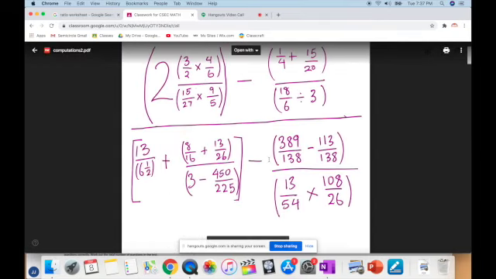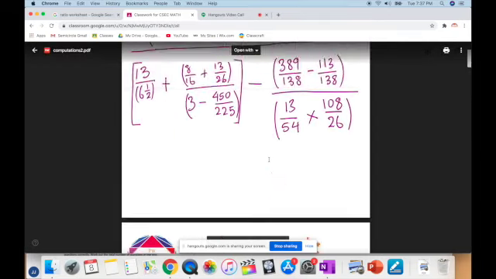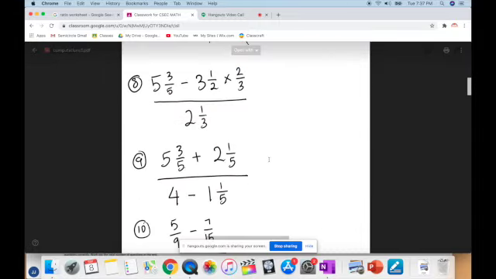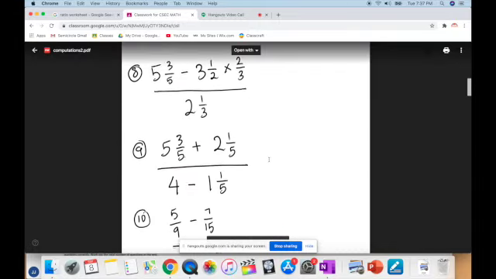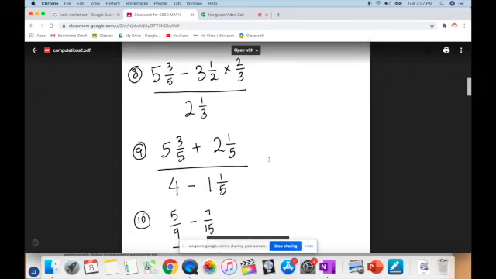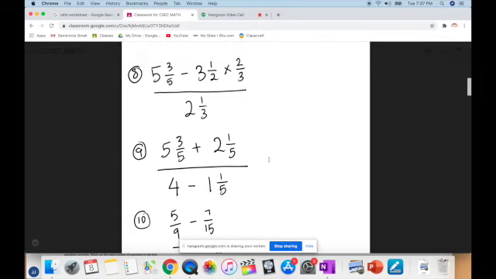So how many pages do you have to do for sure? Caitlin, how many pages do you have to do for sure? 4. Very good, 4. Right?